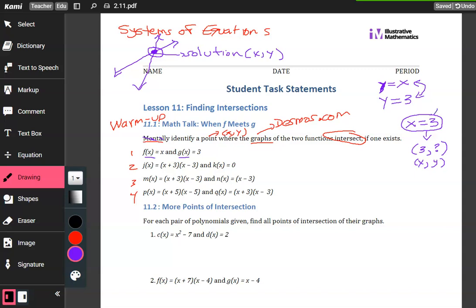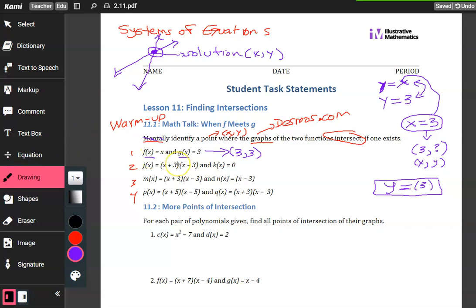If you take this 3 and plug it in for x, then your y coordinate is going to be y equals 3. So that's where they would cross.